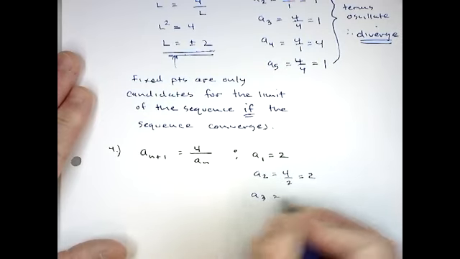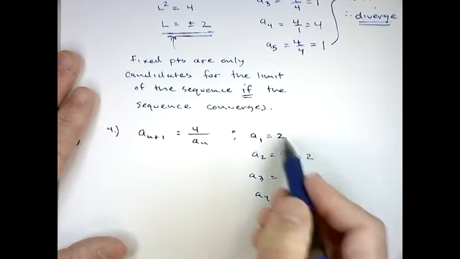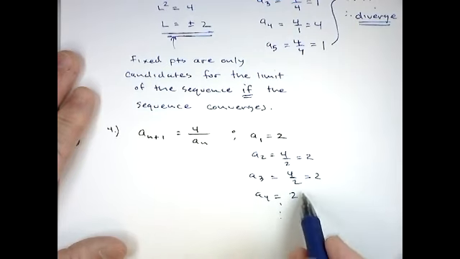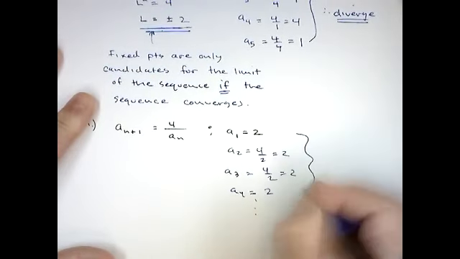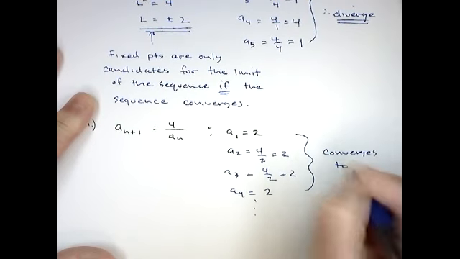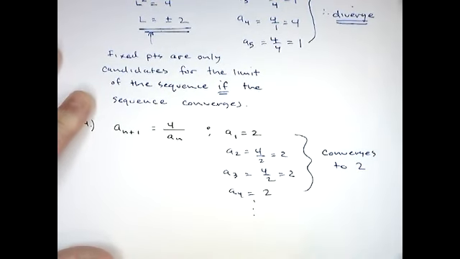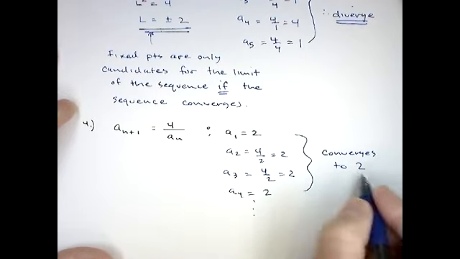A sub 3, 4 over 2 gives me 2. A sub 4 is going to be 2, and so forth. So clearly here, every single term is 2, which means we know that the sequence converges to 2.